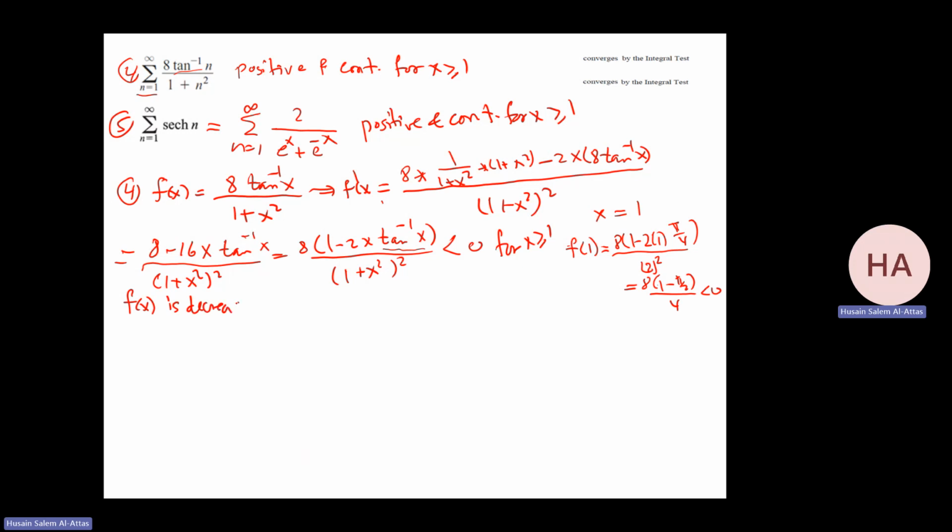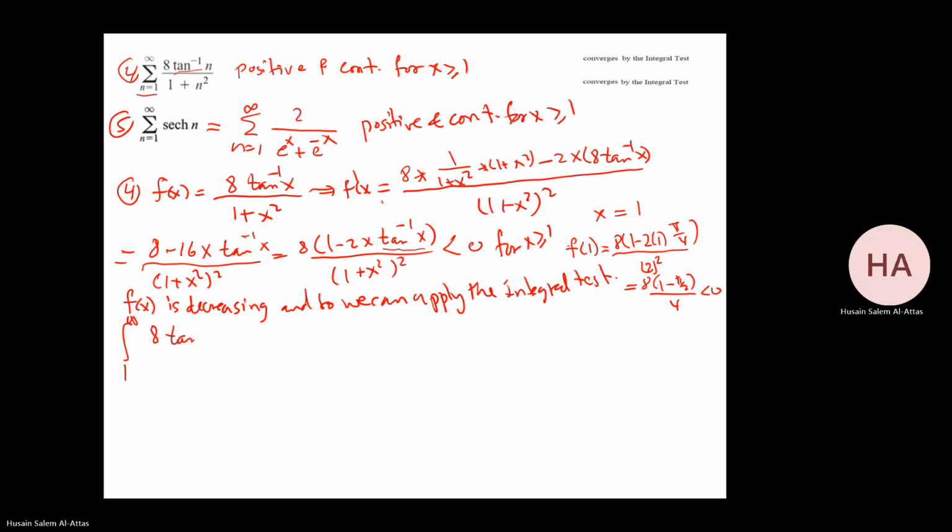So we can apply the integral test. Conditions for the integral test are satisfied. So integral from 1 to infinity of 8 tan inverse x over 1 plus x squared dx.